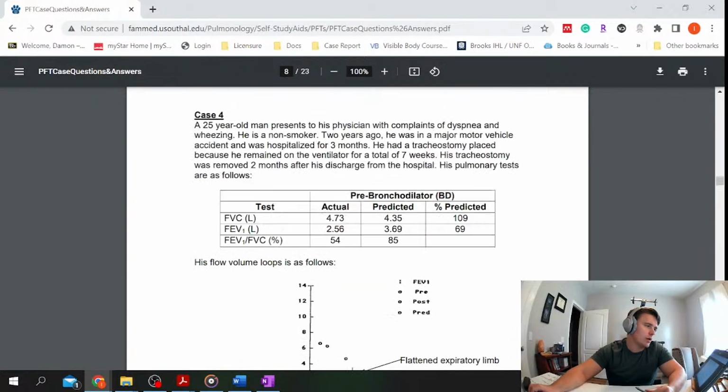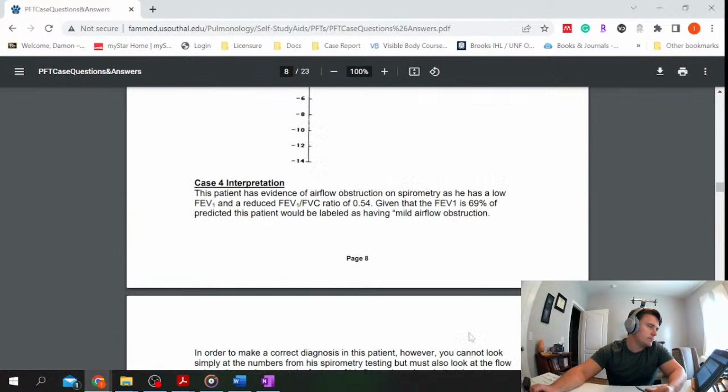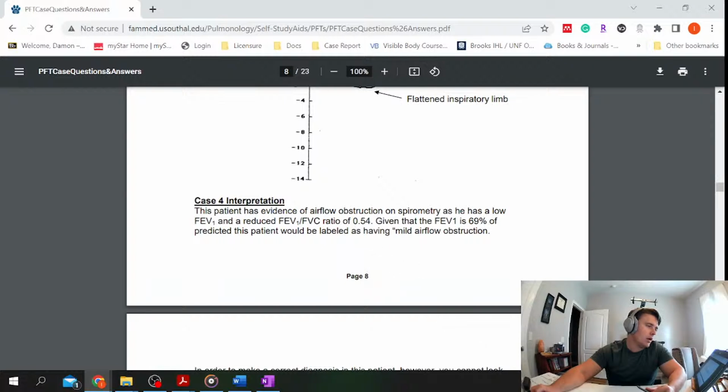And they did not use a bronchodilator, so I would have asked for the post bronchodilator because I bet that this number would go up quite a bit. Airflow obstruction.